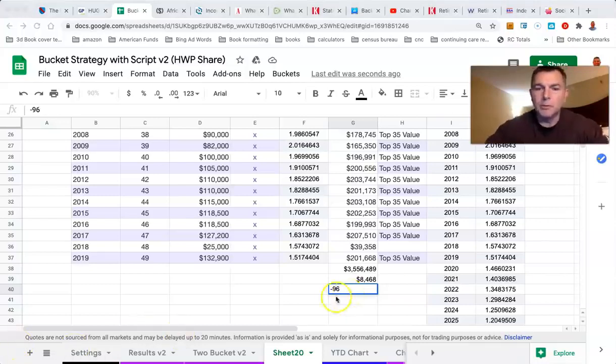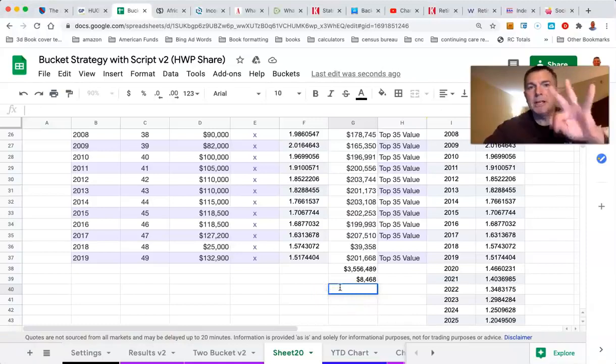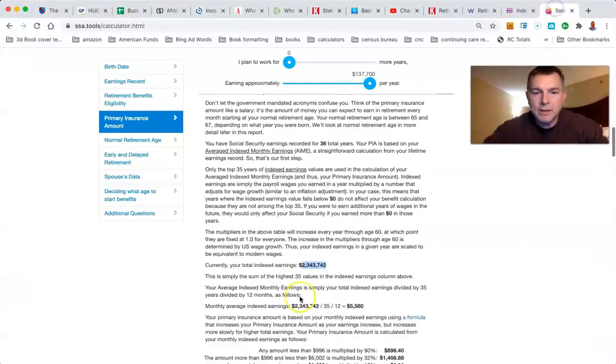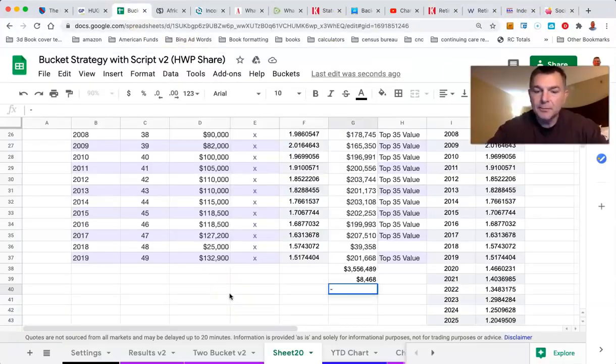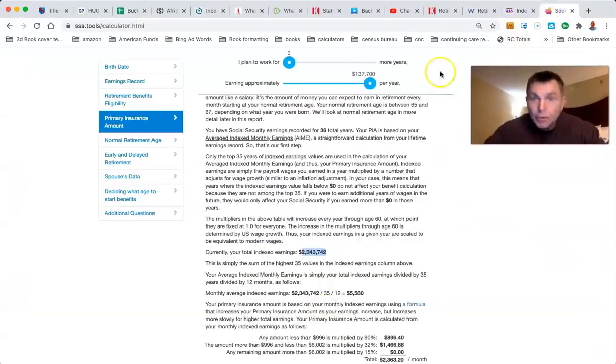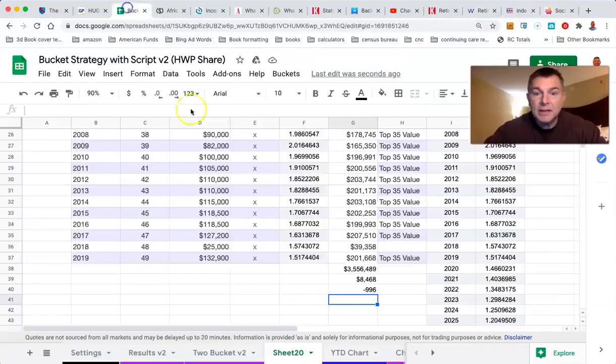So we know that there are three bend points, and we go back here. The first bend point is 996 this year. So we say the first 996. Then the next amount is up to 6,002. So 6,002 minus 996.